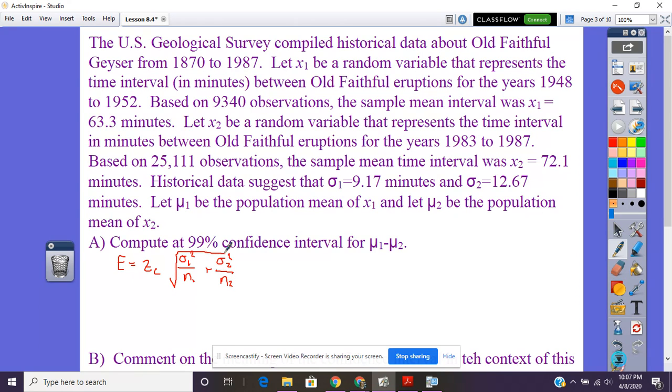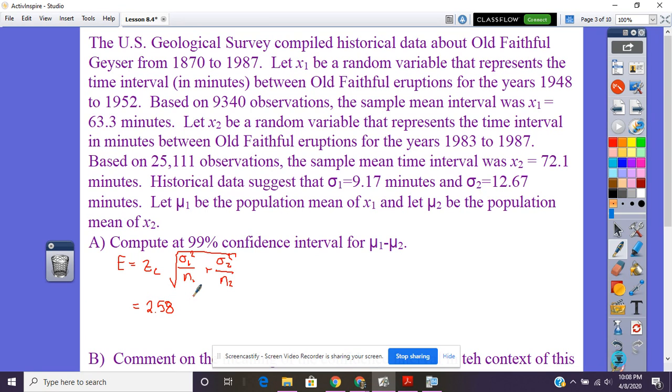So we have that information and we can plug in these values. Now we find the ZC by looking at that same table we looked at earlier. I'm not going to continually pull that up again. So the ZC for 99%, which is what I want, is 2.58.